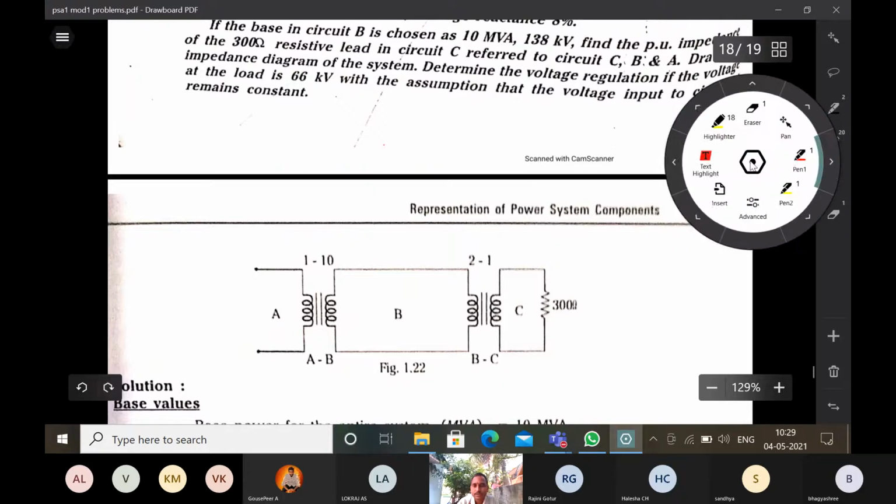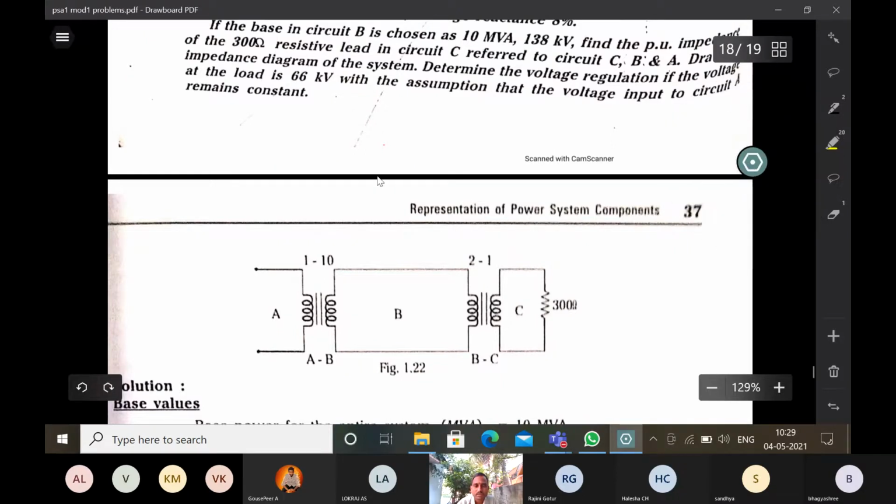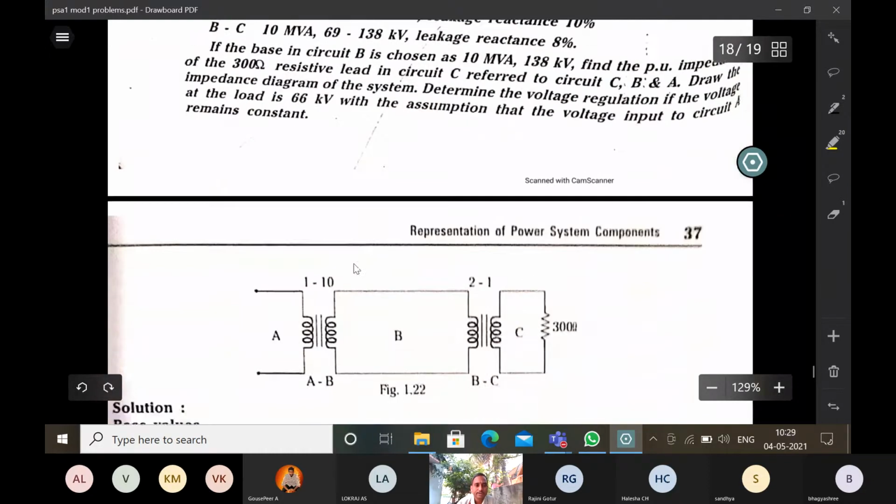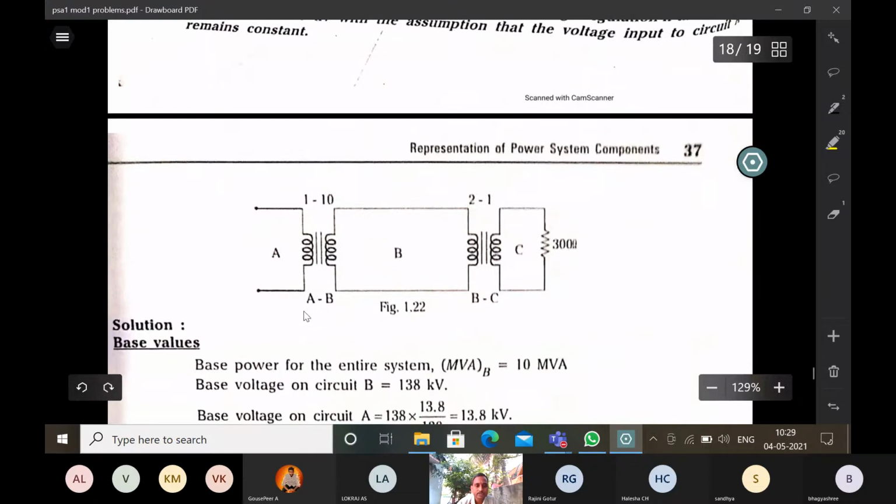There are two transformers, so both are 10 MVA each.